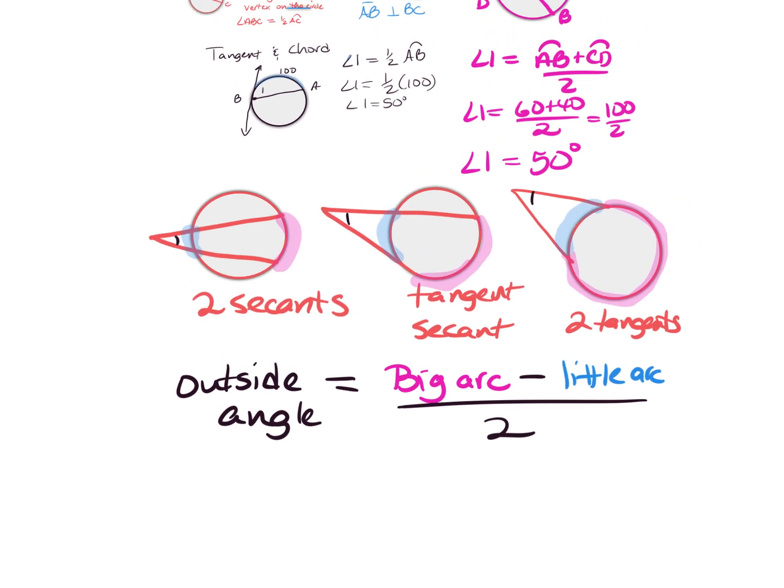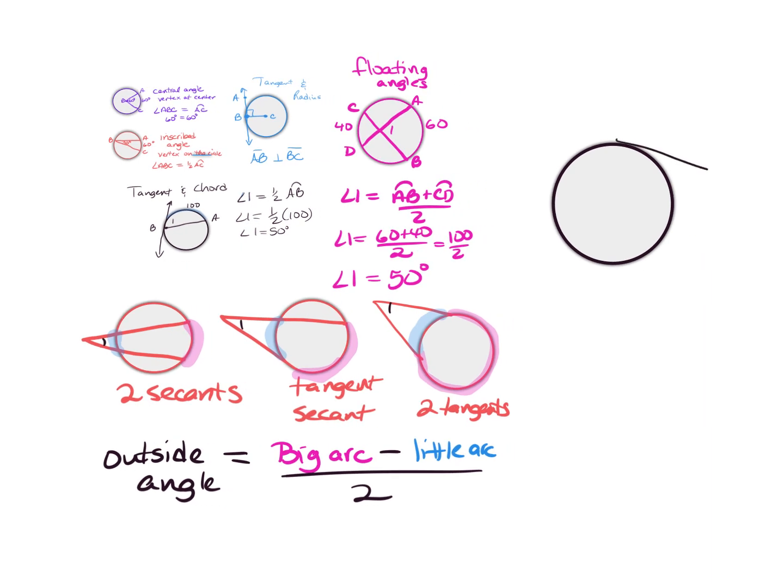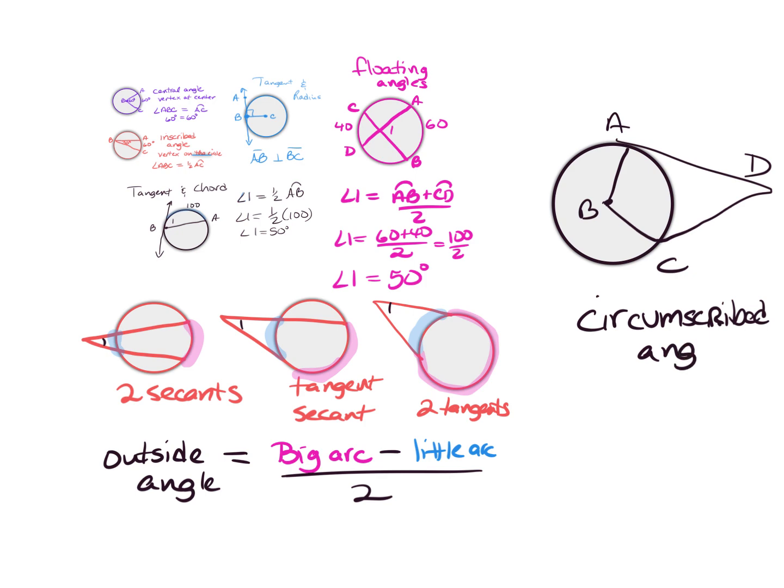And then the last was the circumscribed angle. So a circumscribed angle is formed by 2 tangents. So if I add in variables here, B and D. So this is going to be the circumscribed angle, which is going to be angle D here.